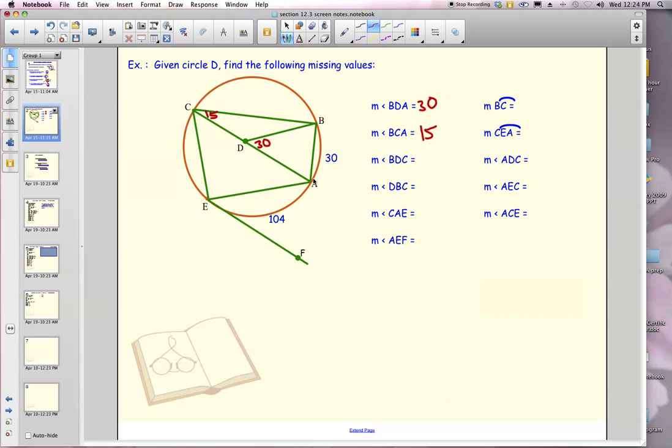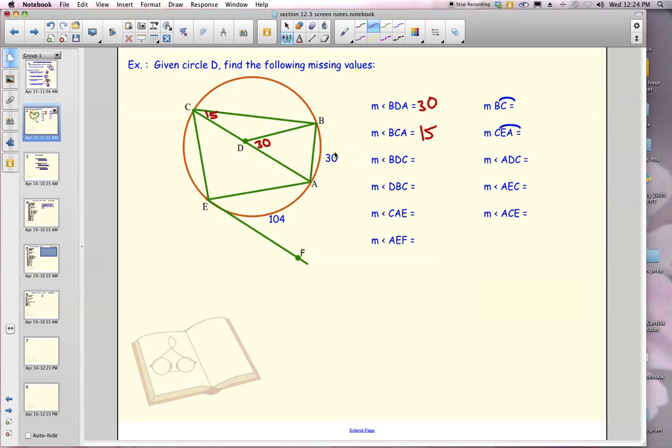We can see that CA, since it goes through the center of the circle, CA is a diameter. So when we talk about finding the measure of arc BC, we're looking at ABC being half of the circle. So that would be 180 degrees.